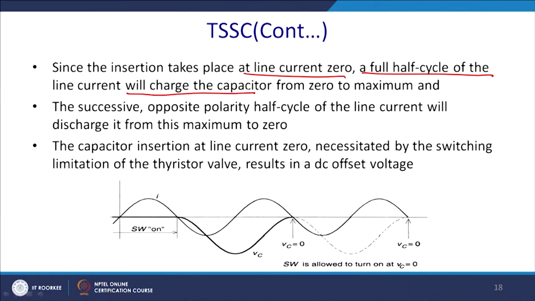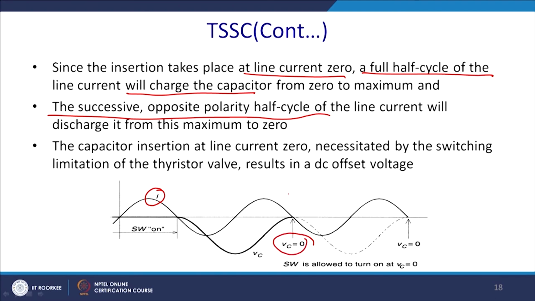Please recall that we had a 0 voltage when you turn off in the GCSC. Since the insertion takes place at line current 0, a full half cycle of the line current will charge the capacitor from 0 to the maximum voltage, and the successive opposite polarity half cycle of the line current will discharge it from maximum to 0. See this curve: this is I, and this one is Vc.